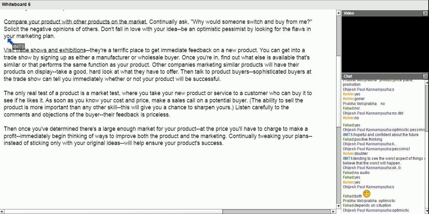Depends on situation. Prabha is optimistic. Brijesh is optimistic. Fahad, can you tell me a situation in which you will think in a pessimistic manner? Can you think of any situation?